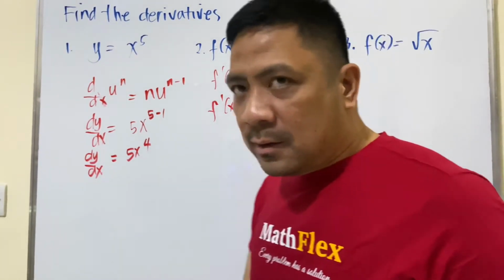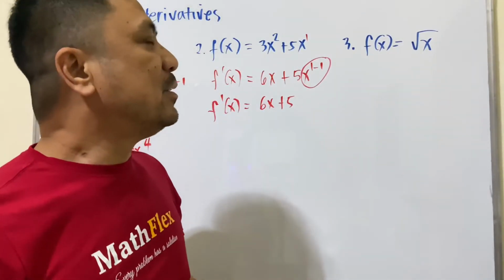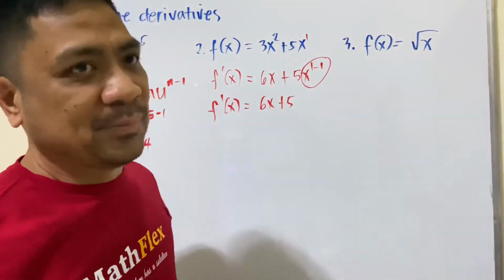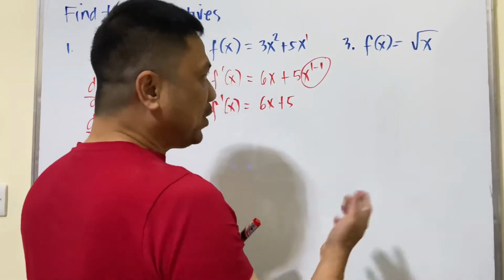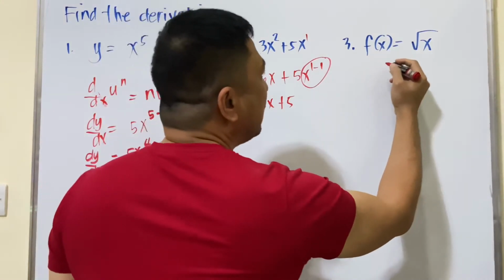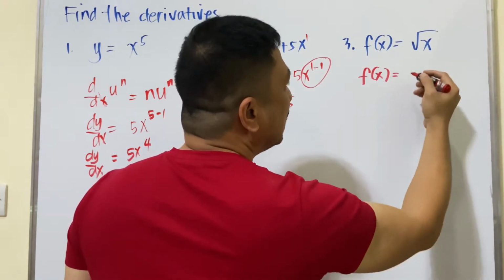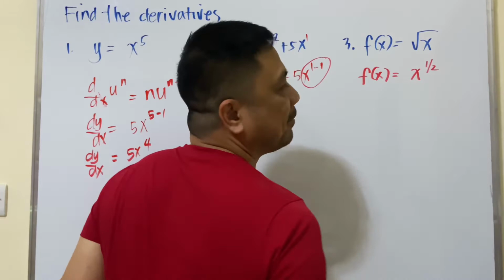Okay? So our third example here, some of you might ask, can we apply power rule here? Yes, of course, because square root of x in exponential form, you can have it like f of x is equal to x raised to 1/2.